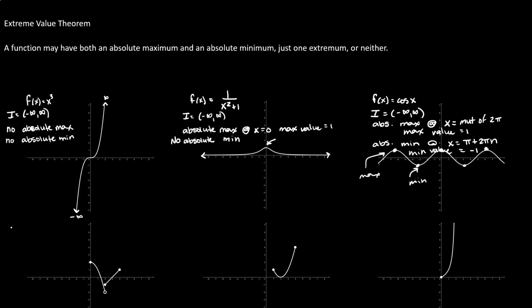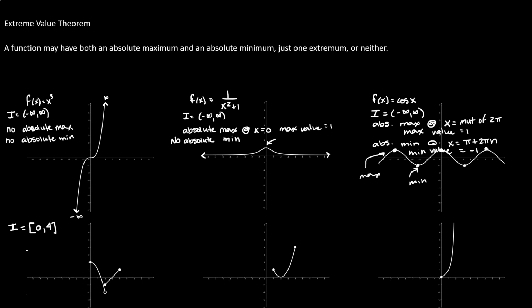So the interval that we're looking at is a closed interval, from 0 to 4 on the x-axis. I know it's a closed interval because I have my circles filled in at those left and right endpoints.